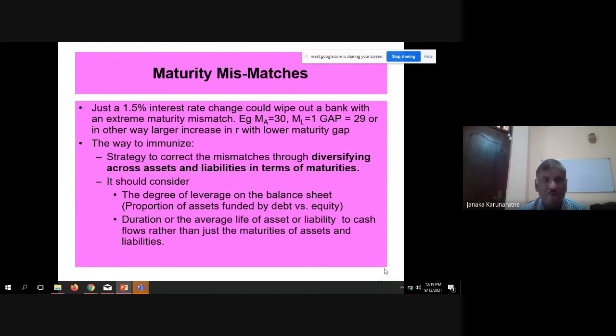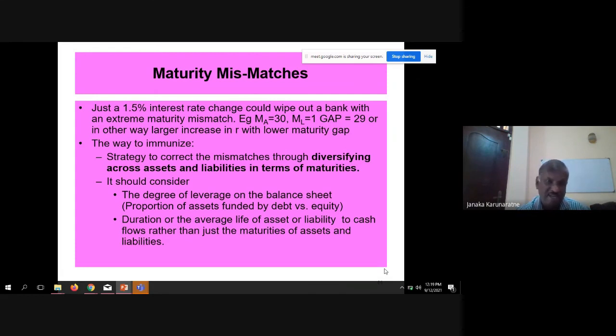Now, just one more point to add: just a 1.5% interest rate change could wipe out a bank with an extreme maturity mismatch. Here the gap is small, but the interest rate rise is significant.